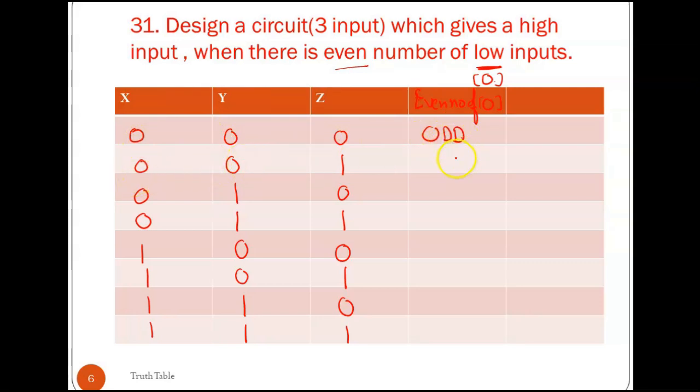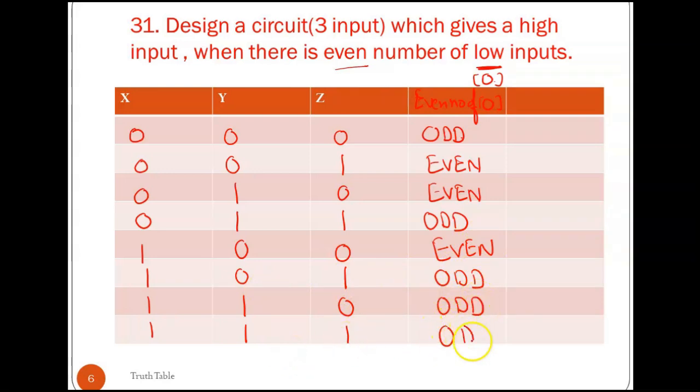And here 2 are there, so even. Then here we have 2, even. Then here we have 1, odd. Then 2, even. Then 1, odd. Then 1, odd. And here we don't have any, so it will be considered odd. So you can see these 3 are even.